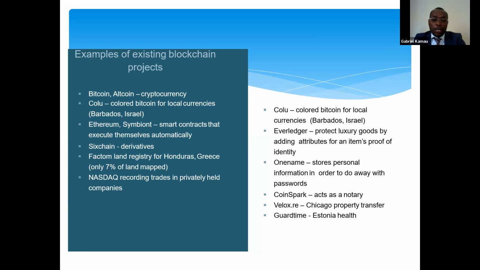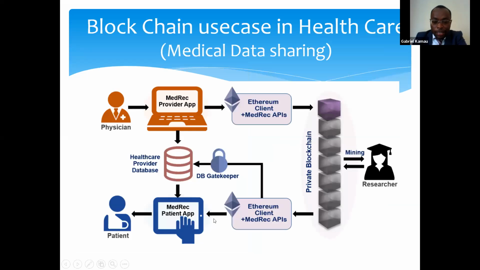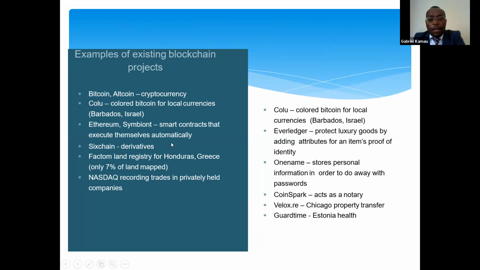With that card, the patient will just allow the doctor to access information. And before the patient gets to the treatment area, the doctor already knows the history of that patient. So blockchain has been implemented in some countries like Estonia. If I want to bring you closer home, it has also been implemented in Ghana, although not on a very large scale like Estonia.